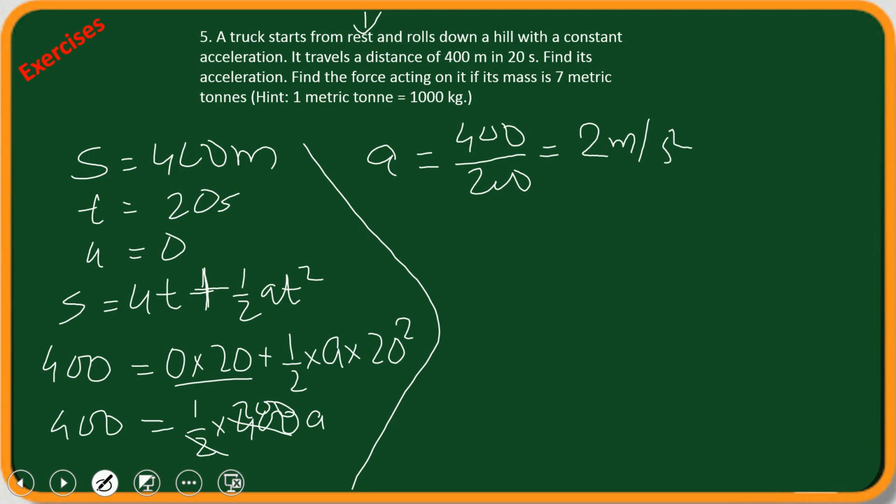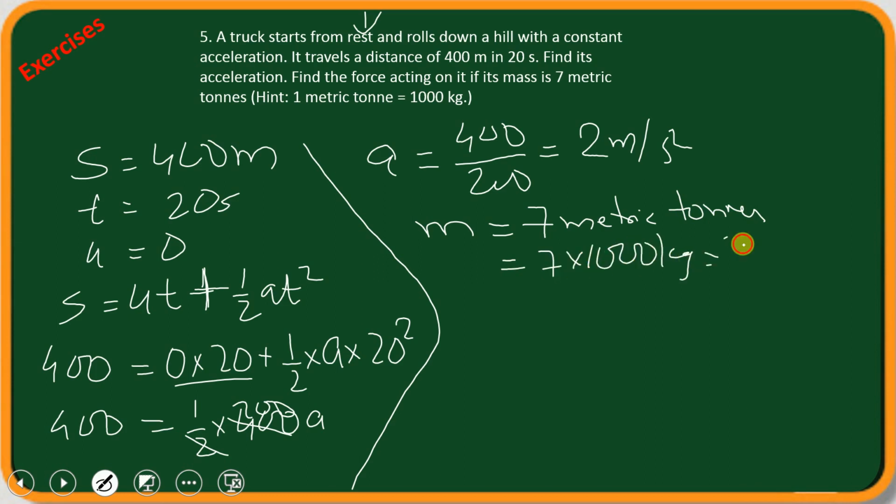Now further, it is given to find the force also acting on it. The mass is given: mass is equal to 7 metric ton. It means 1 metric ton is 1000 kg, so that is 7000 kg.